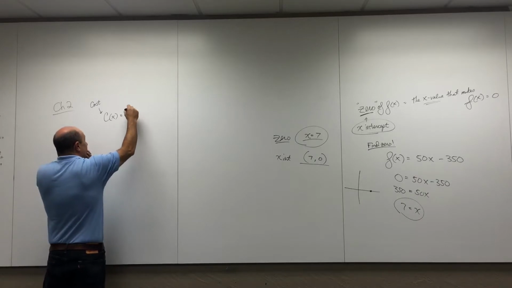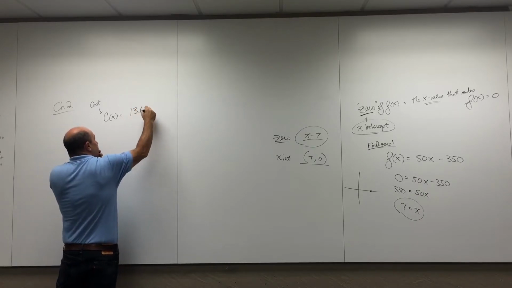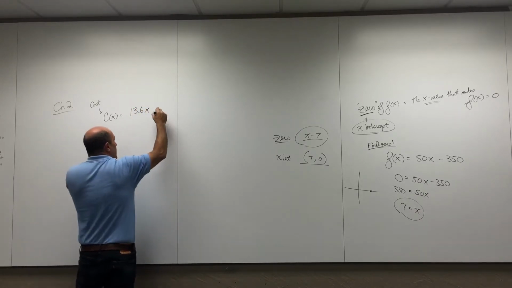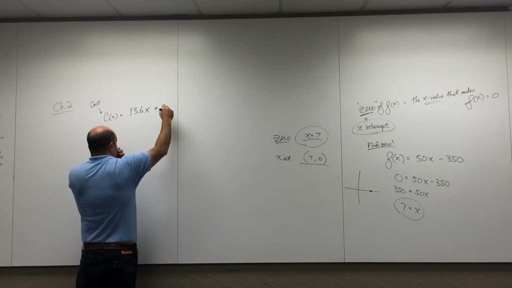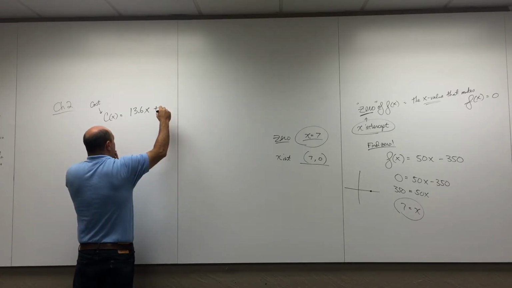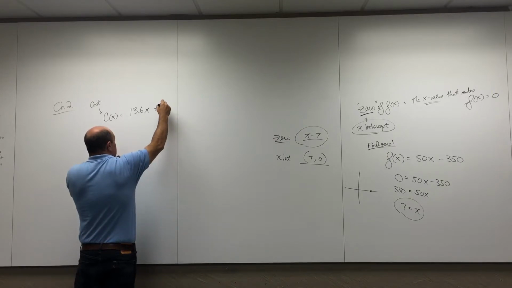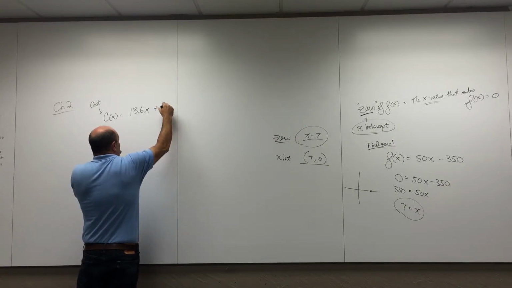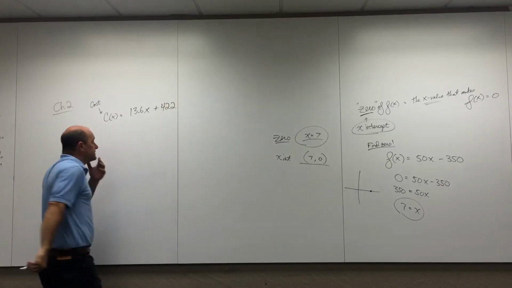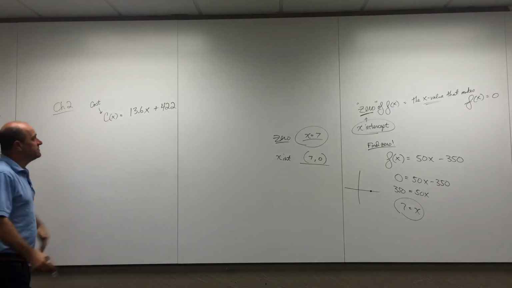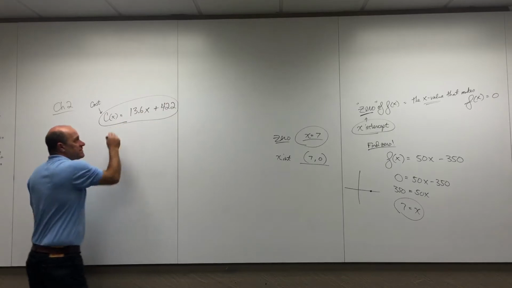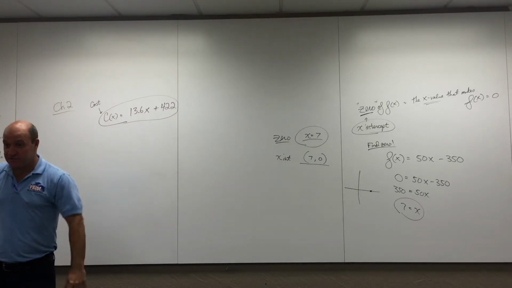Let's see, 13.6x plus 422. That's a cost function for building x number of whatevers.